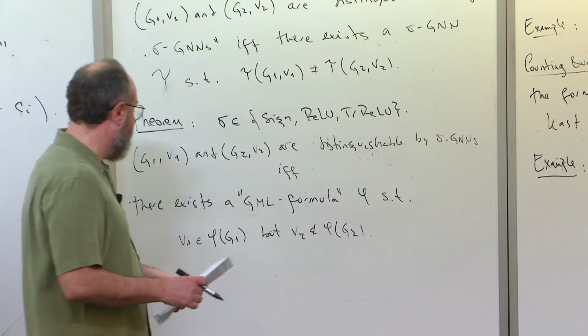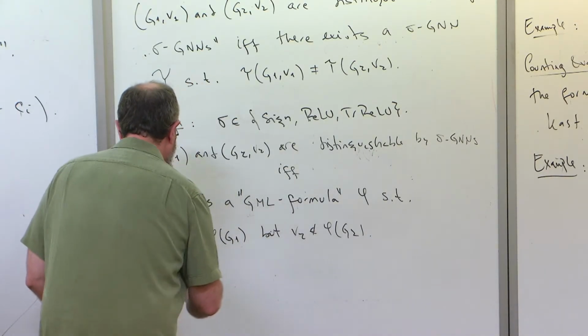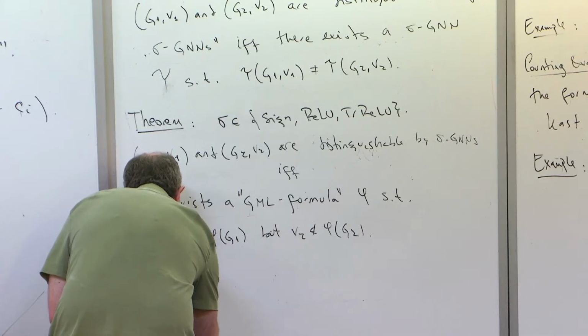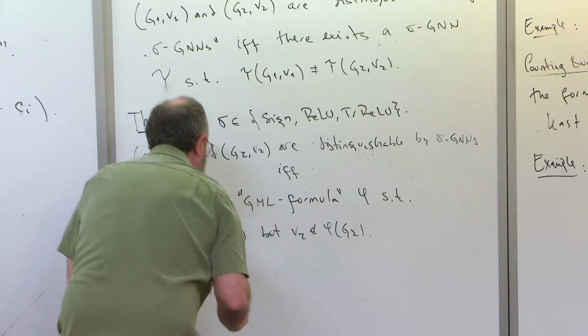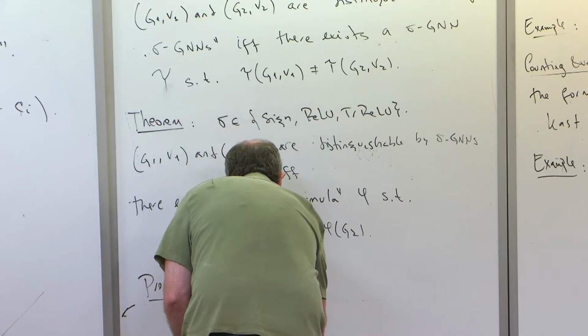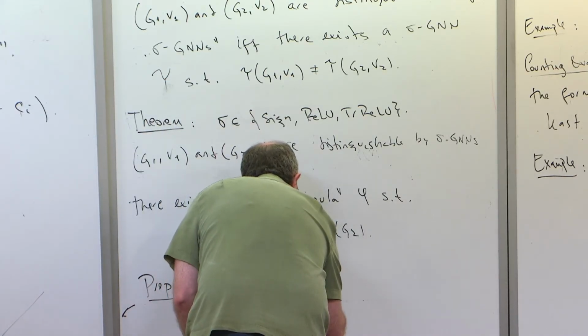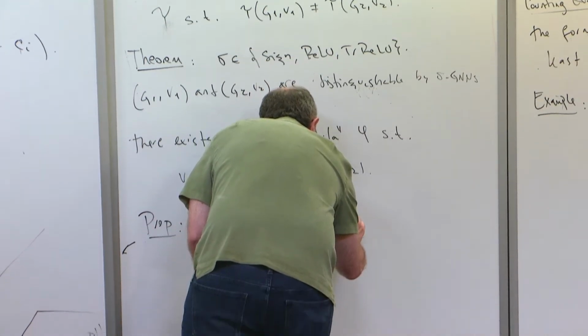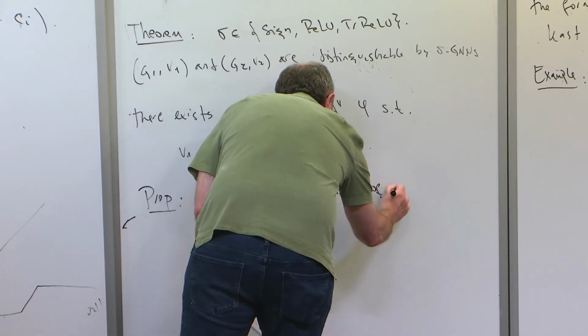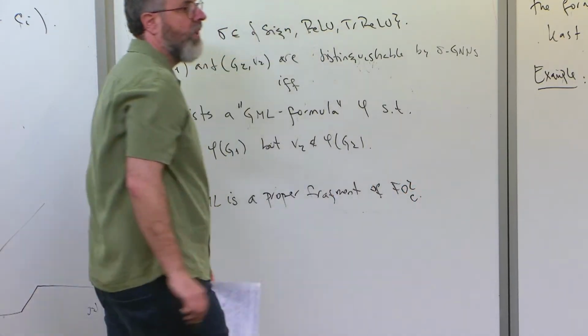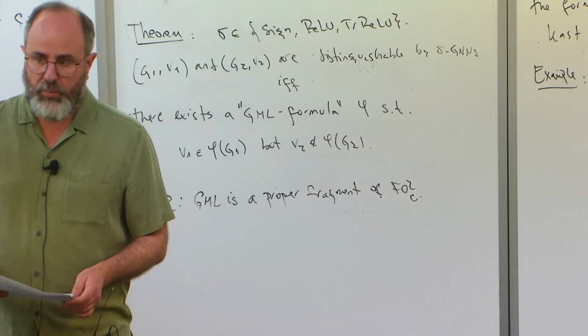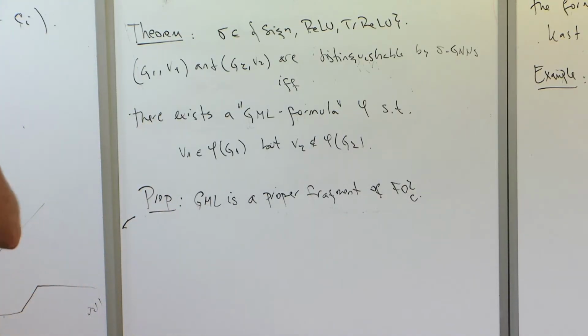Yeah? And the important thing is that GML is a proper fragment of FO2C. So these are formulas that can be expressed in the two-variable fragment of first-order logic with counting, but not any formula.